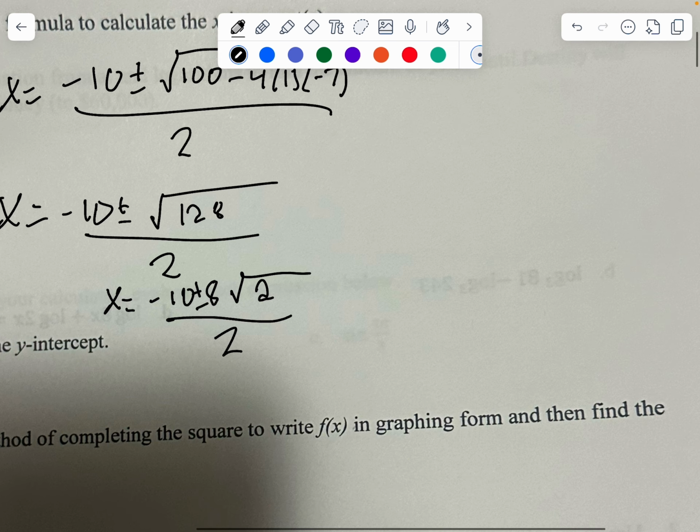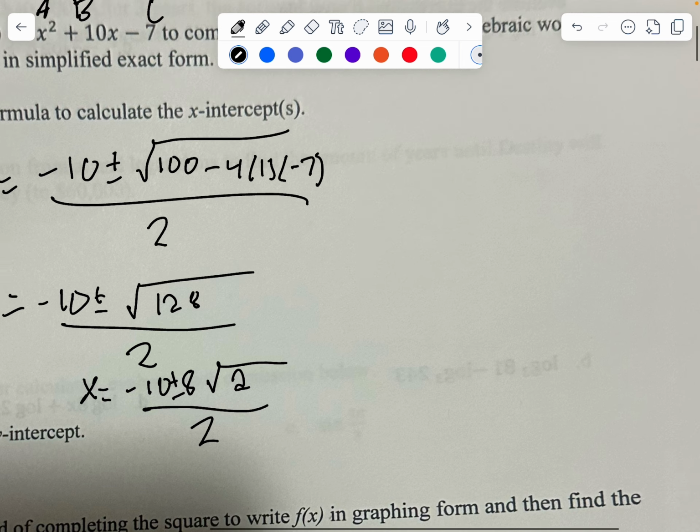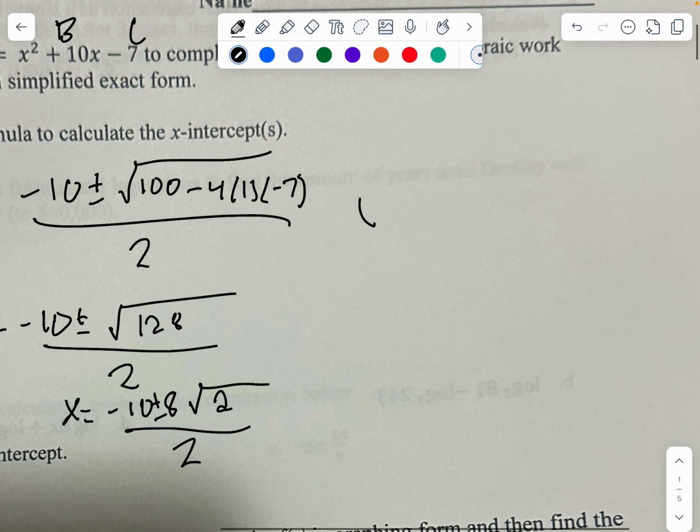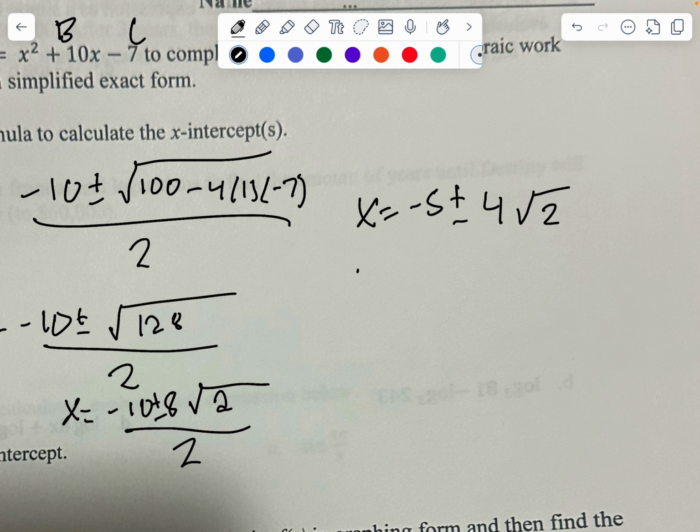Now we're going to divide everything by 2. So x equals negative 5 plus 4 root 2, and x equals negative 5 minus 4 root 2.